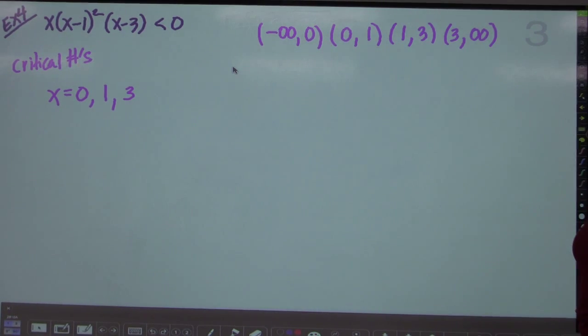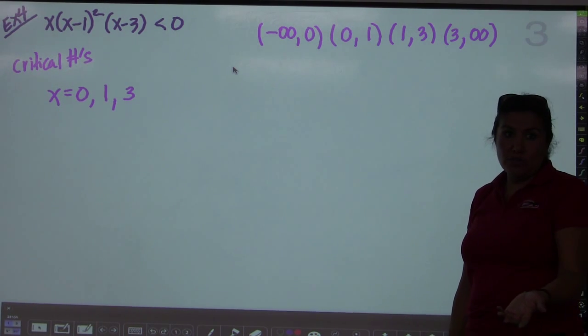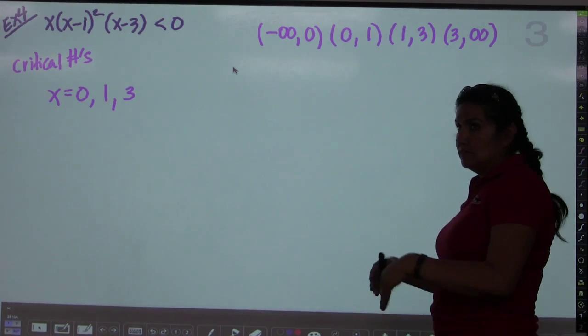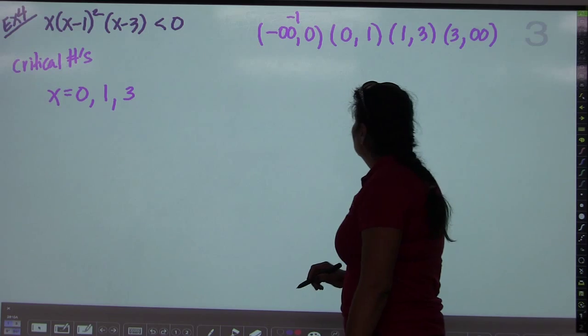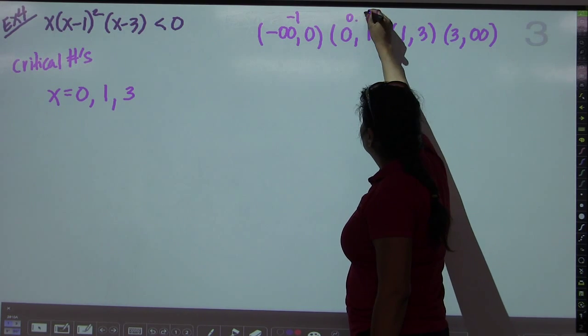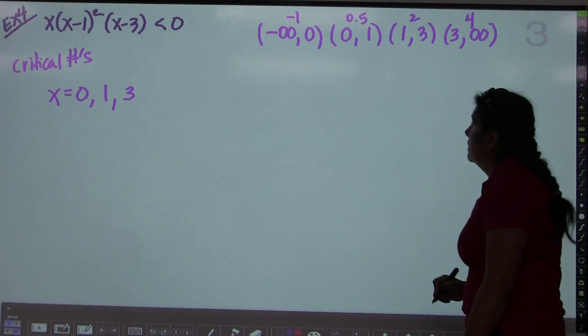Then we want to pick our representatives. You can't pick 0 in this case, right, Jonathan? Because 0 is one of the critical numbers, so you can't pick 0 to be inside the interval. So you can pick negative 1. You could pick 0.5, 2, and 4.